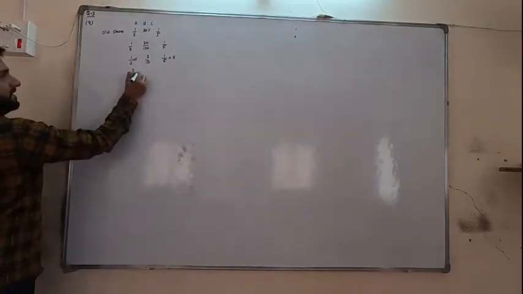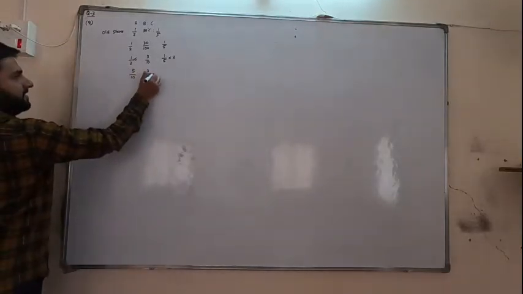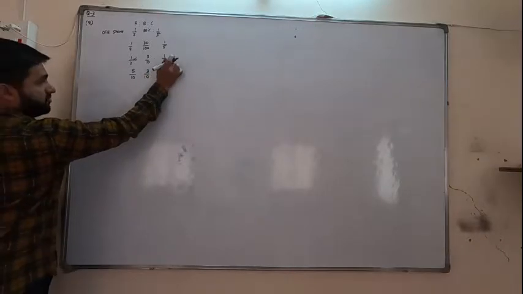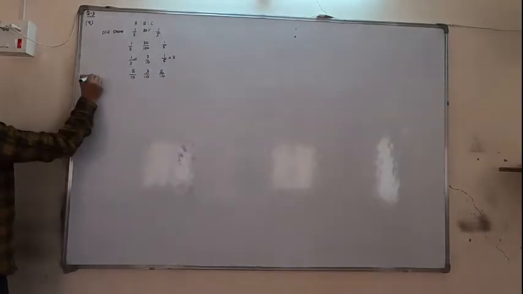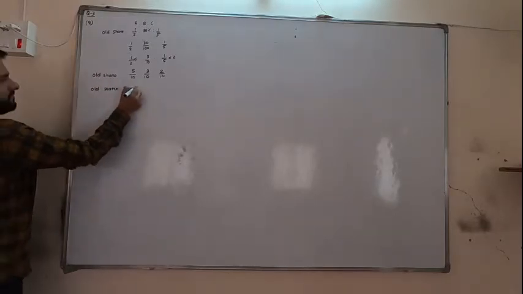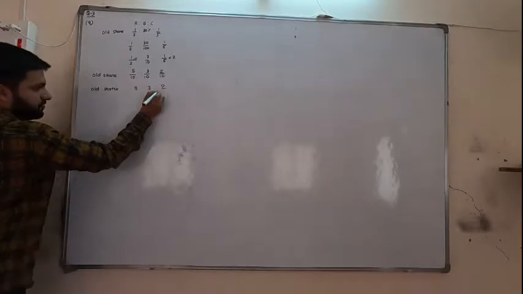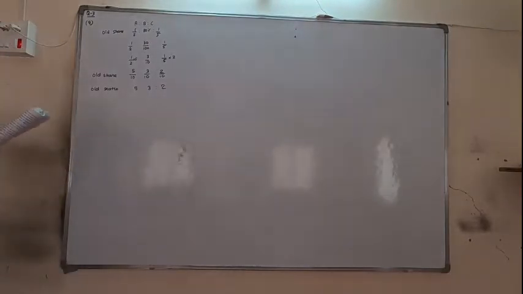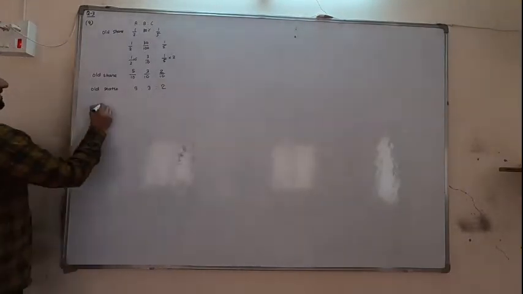So 5/10, 3/10, 2/10. This is completely the old share. Old ratio should be 5:3:2.